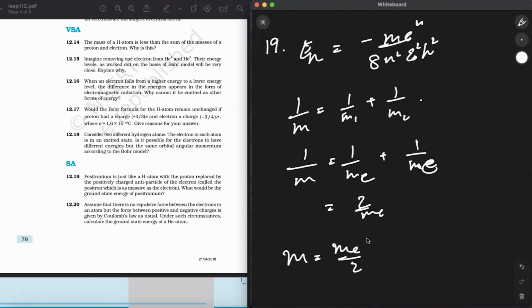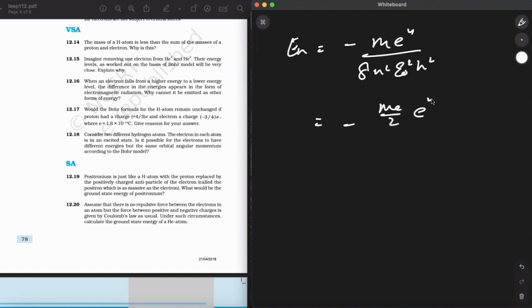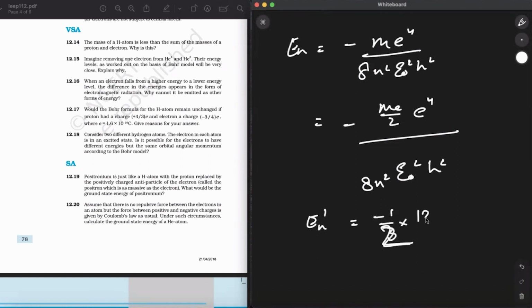Here m is the mass of electron. Therefore, the energy of the positronium atom En dash is minus m e4 upon 8 n square epsilon naught square h square, divided by 2, which equals minus 1 upon 2 into 13.6 electron volt.